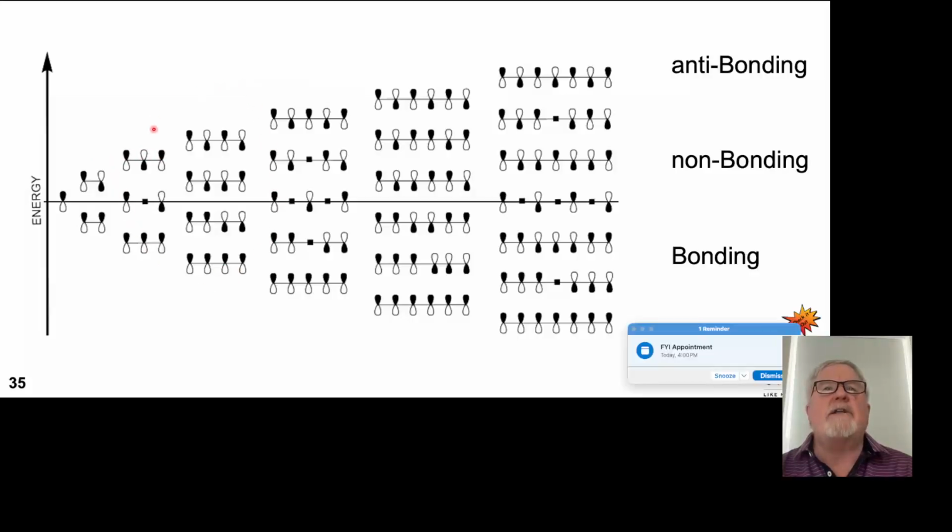In the next one, the 4-carbon system, again, all bonding interactions. Here we have one more bonding interaction than anti-bonding interaction, because it's bonding between C1 and C2, and it's bonding between C3 and C4, but the interaction between C2 and C3 is anti-bonding.